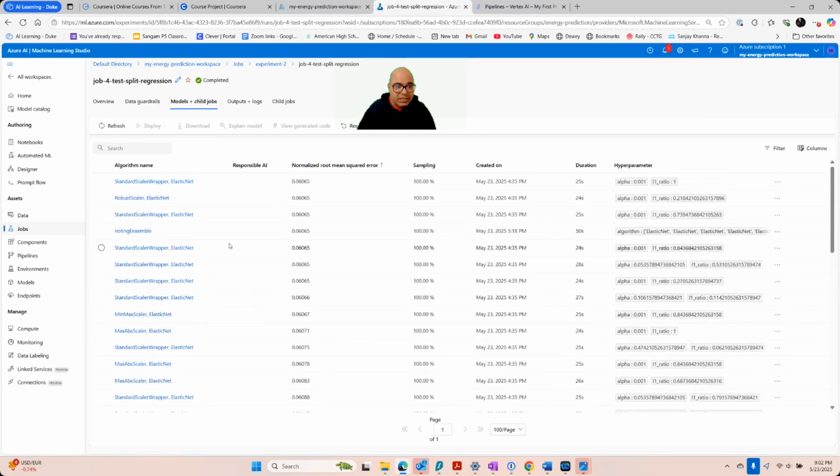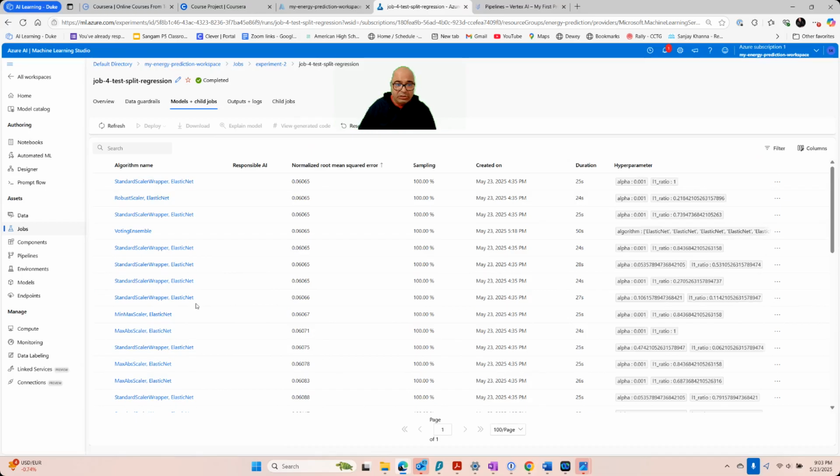Then there was an ensemble run as well to combine both of those. But the best rating on the metric we wanted is 0.6065 on the standard scaler ElasticNet, and that's the algorithm with these hyperparameters which is going to work for our prediction, based on the training that we did and the variations of the training.